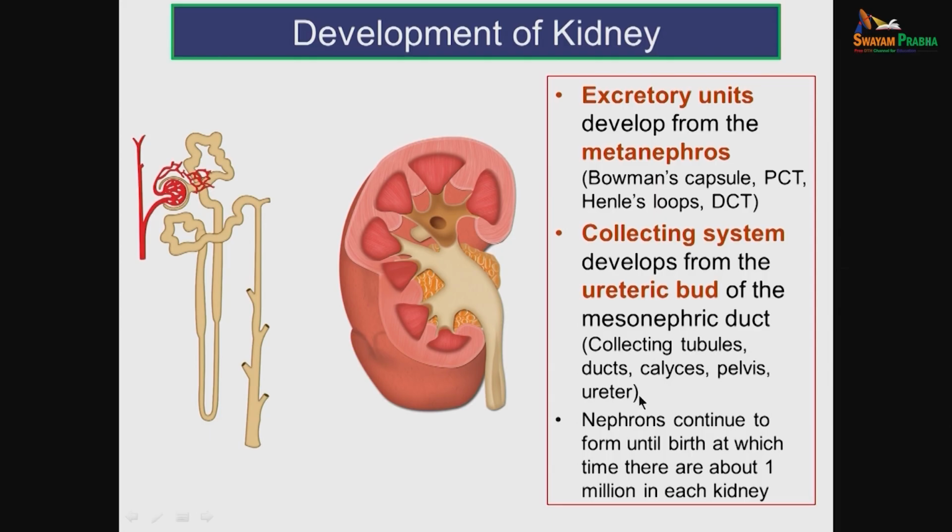So, there are two sources of development of the kidney, the excretory part and the collecting part. Excretory units develop from the metanephros, while the collecting part develops from the ureteric bud. Nephrons continue to form until birth, at which time there are about 1 million in each kidney.